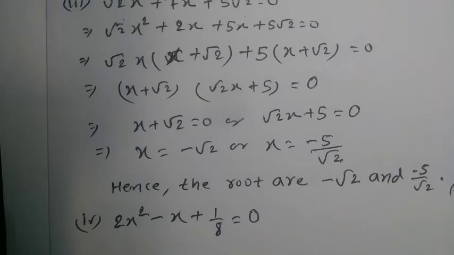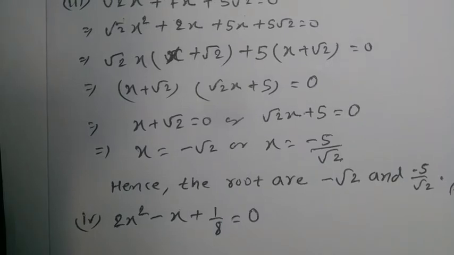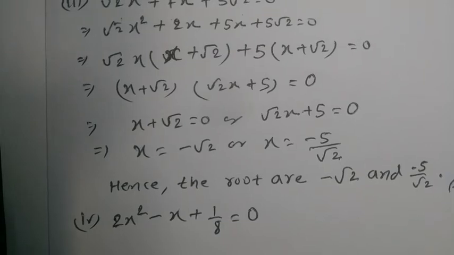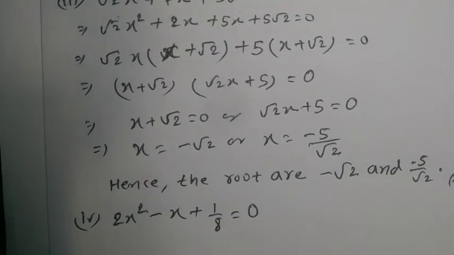Now in this equation, first of all we take the LCM and add and subtract, just like a fraction. So 8 is the LCM, 2 times 8 is 16x square minus 8x plus 1 is equal to 0.